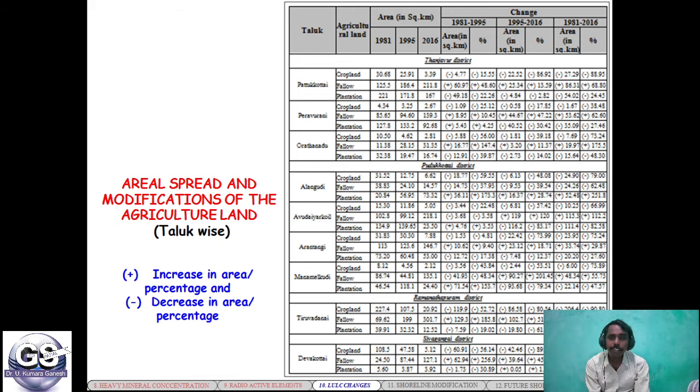For further detailed discussion, the changes were integrated with the taluk boundary, and we notice that the major part of cultivated land was modified into non-cultivated land in the Tiruvadani taluk. Nearly 90% of the cultivated land was modified into non-cultivated land.